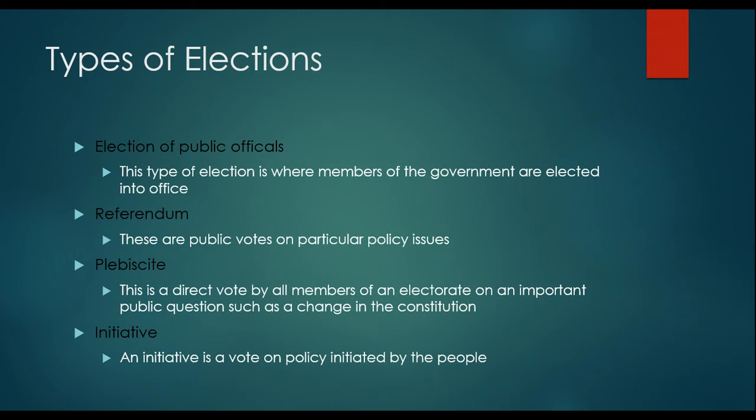So the difference between an initiative and a referendum is that a referendum is a policy idea that comes from the actual government, and then the people vote on it. An initiative is when the people come up with the idea, they get a petition signed, that policy measure is added to the ballot, and then the people vote on whether or not it should be passed. So that's the difference: a referendum is initiated by the government, and an initiative, or initiative petition, is initiated by the actual citizenry.